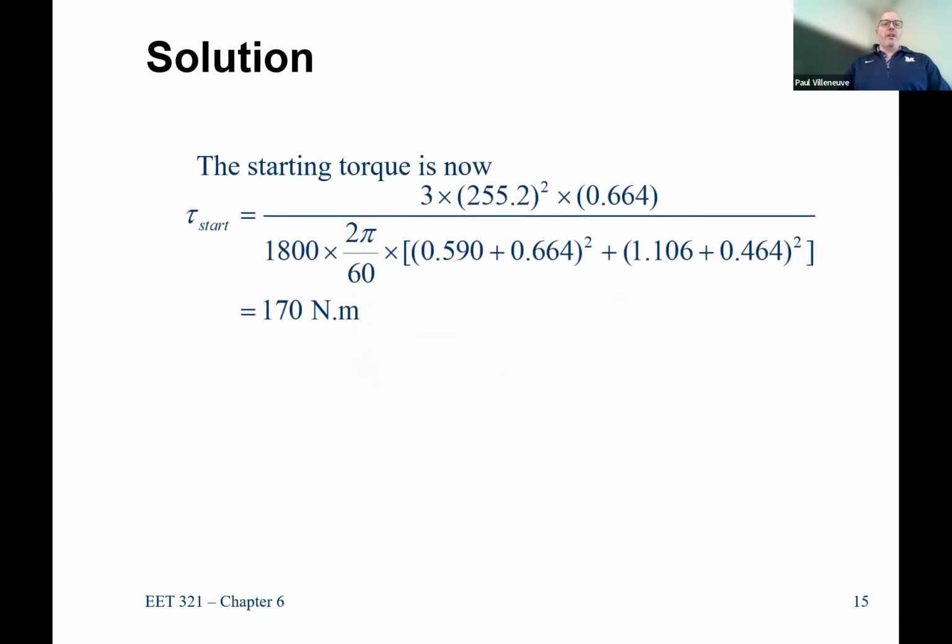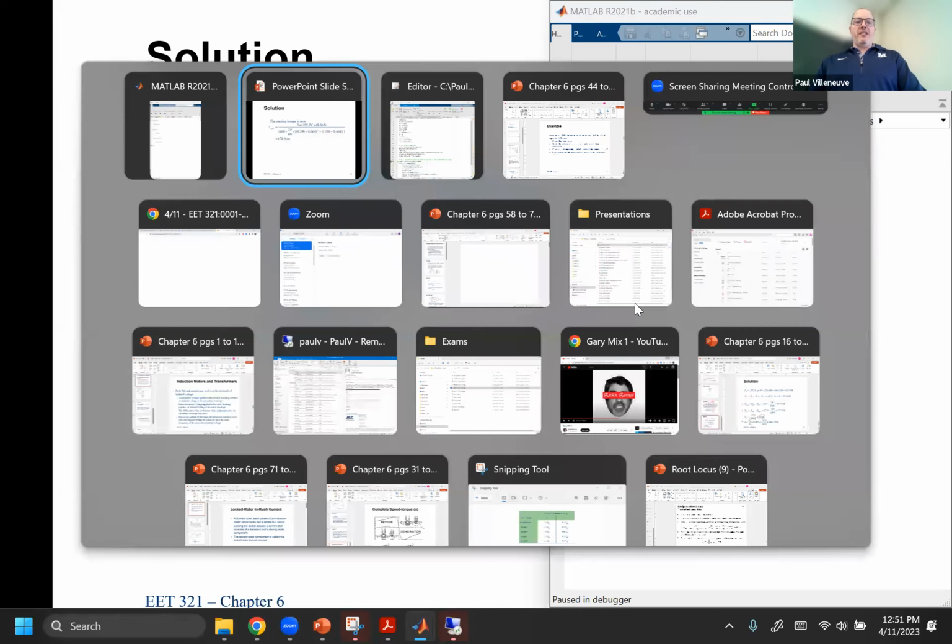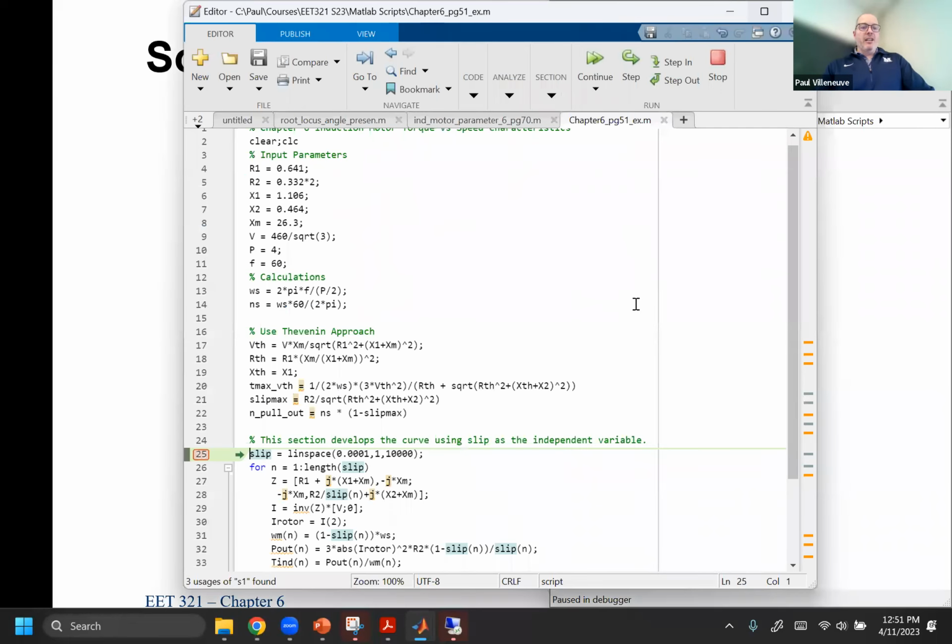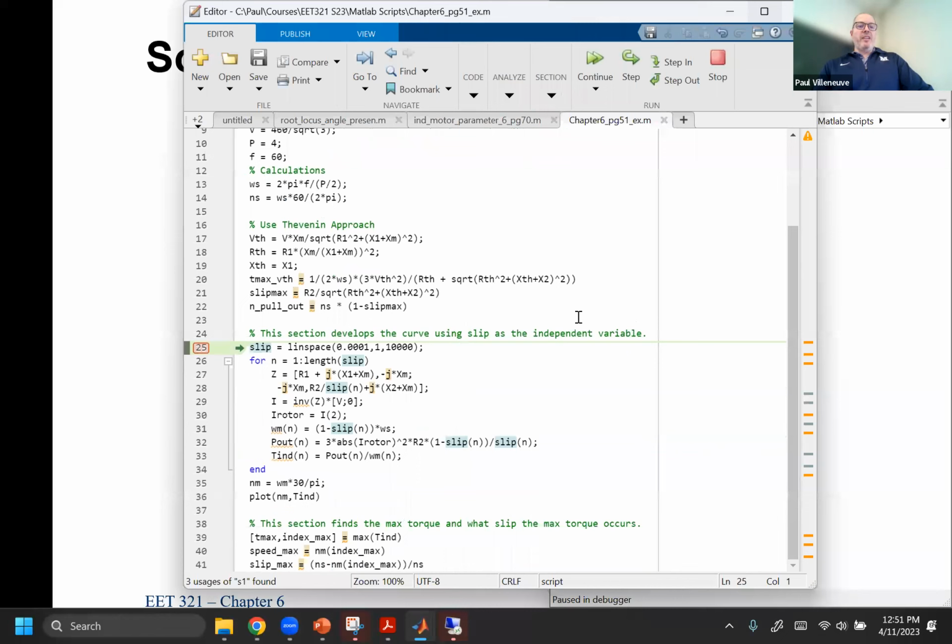The starting torque has changed, but we didn't do the calculations in this MATLAB file, because what I think would be easier is to define a bunch of points where we're calculating slip.